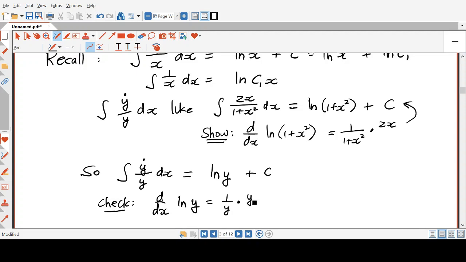So it's y dot over y. So when you have to integrate something where the derivative is the numerator and the function itself is the denominator, then the answer is a ln function.